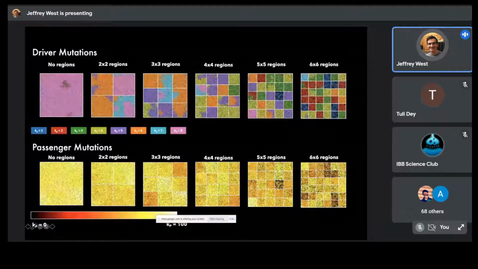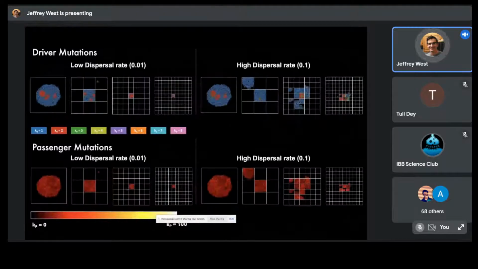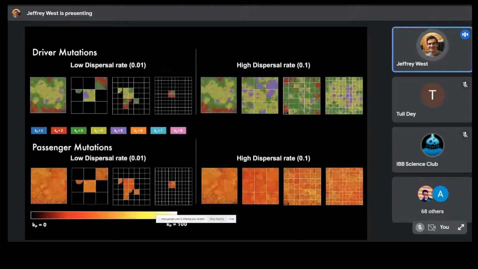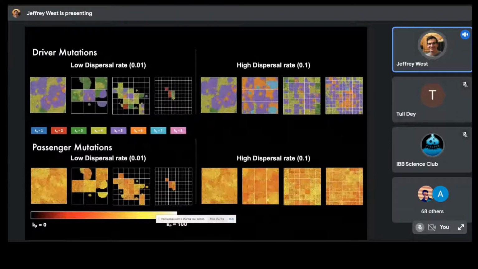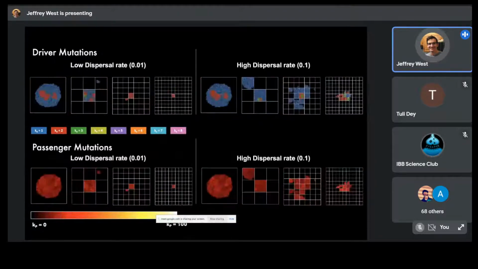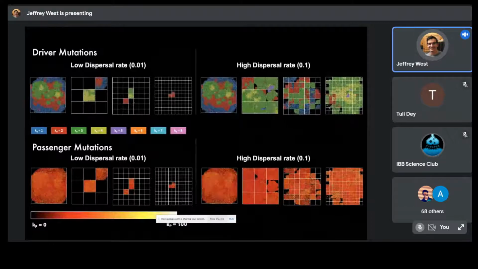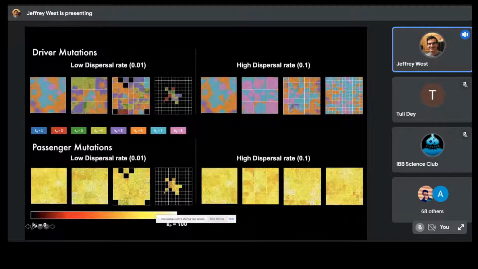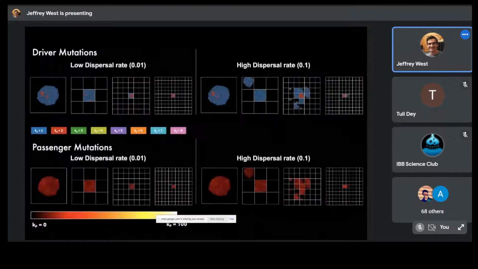And so let's look at our mixing case as well. Again, it follows a similar trend here as well. So we can see that basically these smaller region cases are what accelerates evolution.